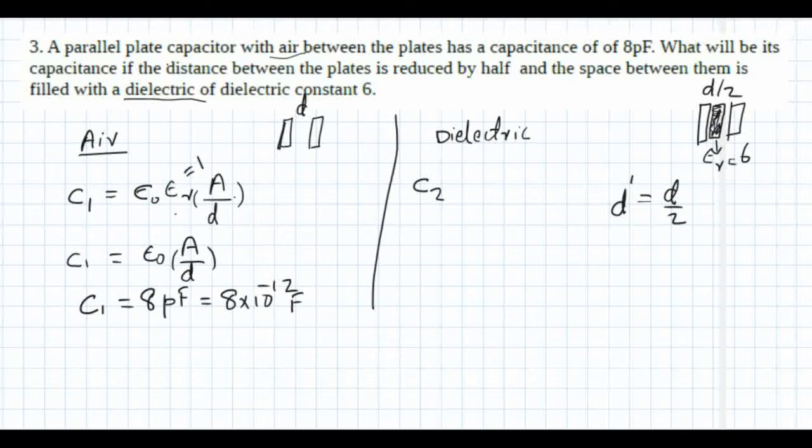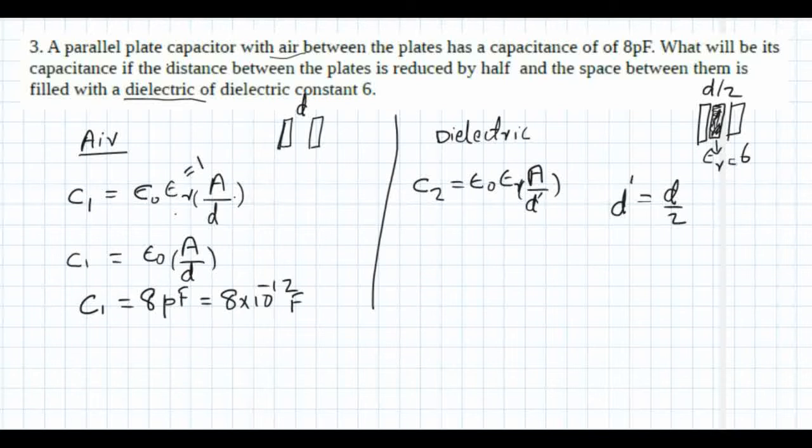So C2 is equal to what? Epsilon 0 epsilon r into A by D, right? Actually it is D dash. Why? Because the spacing between the plates is changed, but there is no change for the A.